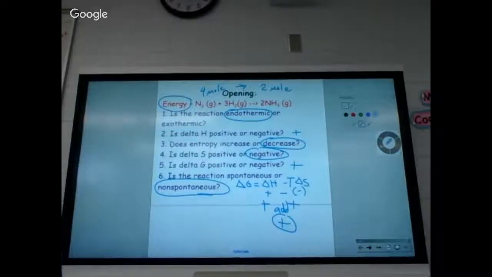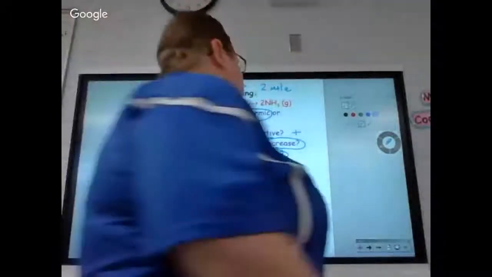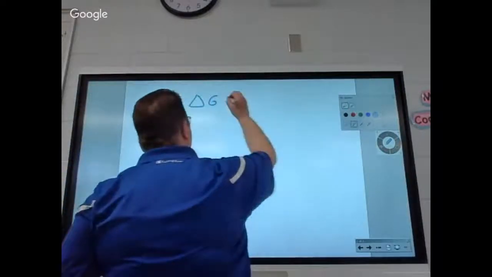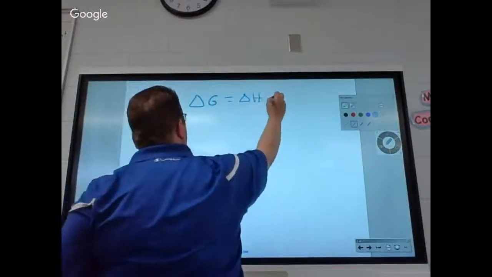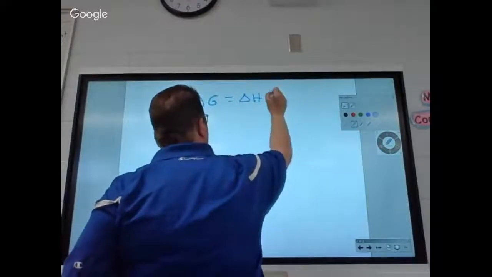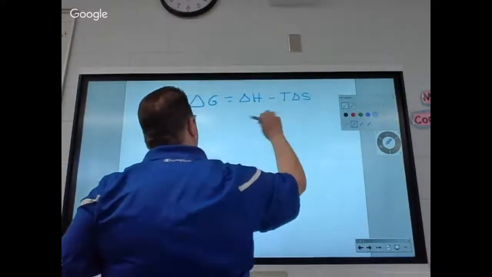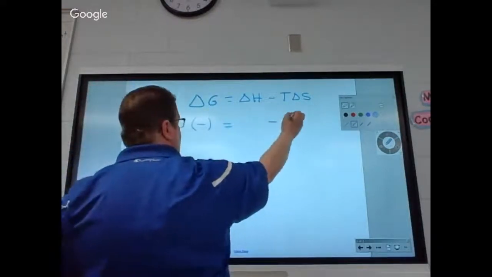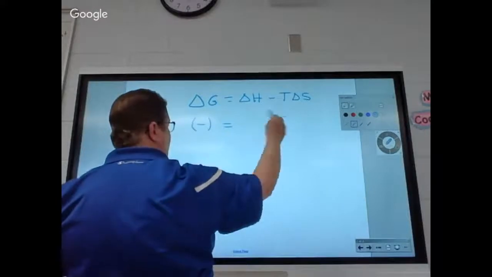If you look at number 1, in what conditions would delta G always be negative? When delta H is what and delta S is what? In order for delta G to always be negative, what do these two numbers have to be?